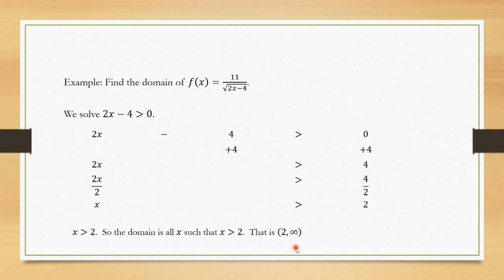So if you plugged in any number from here, you would get an output that makes sense. In other words, you take anything from this interval, you plug it into x, you would get a real number as an output. Are there any questions about that?